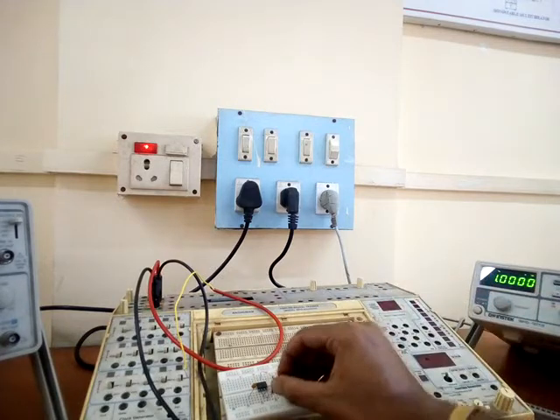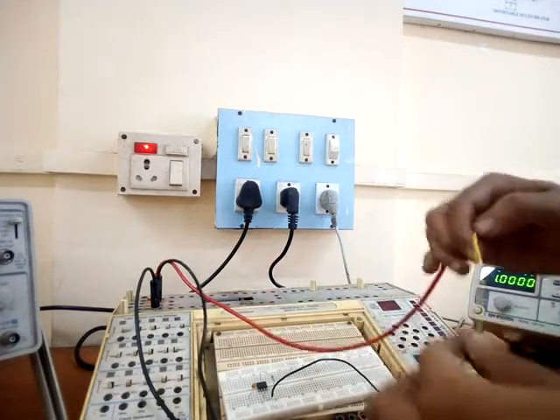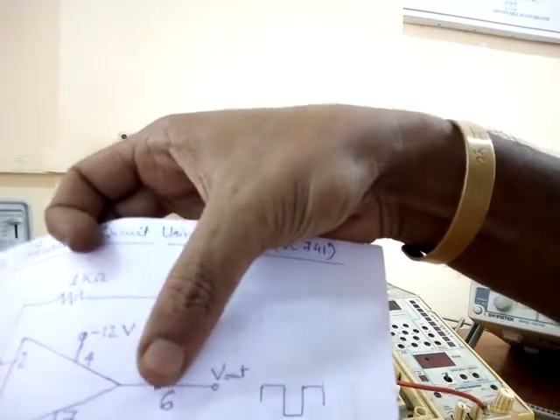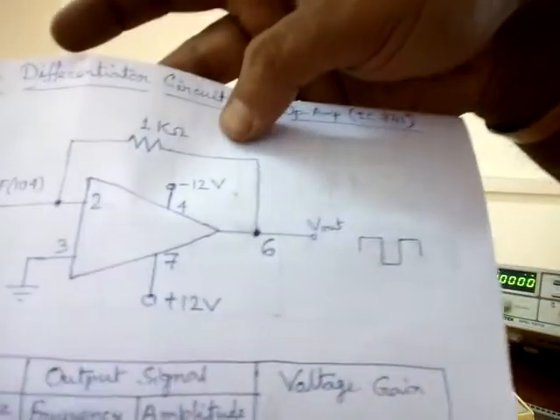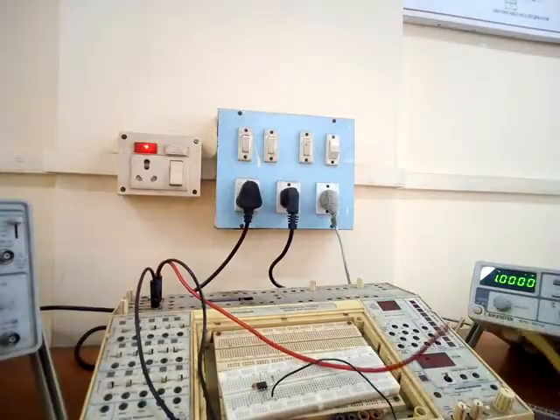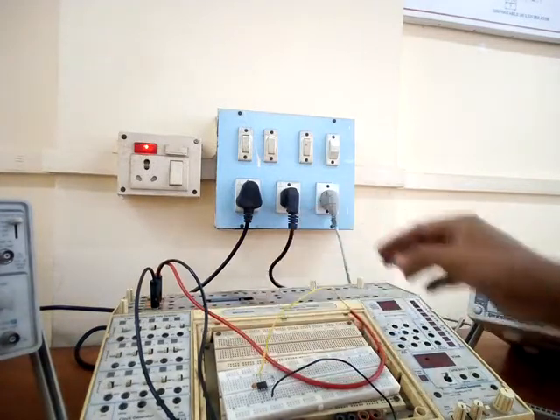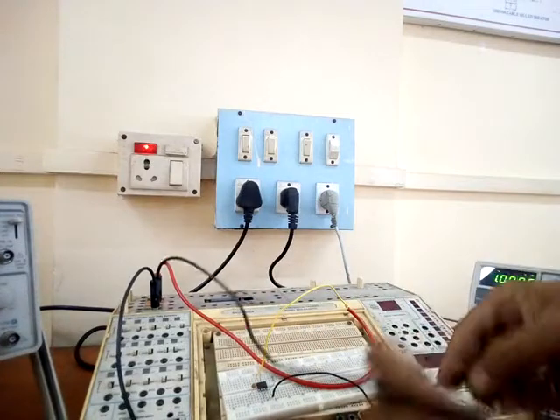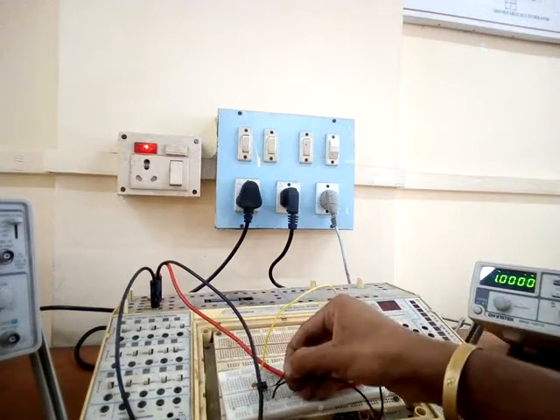This is pin number 3. This is plus 12 volt as per the circuit. Plus 12 volt is connected to pin number 7 and minus 12 to pin number 4.